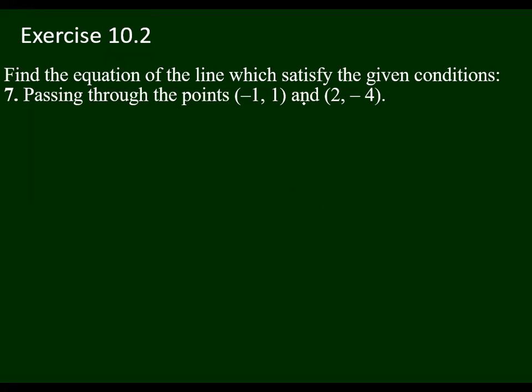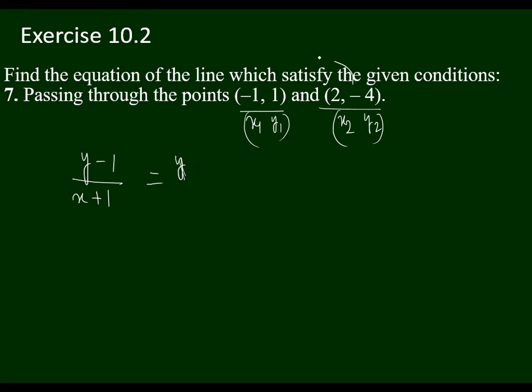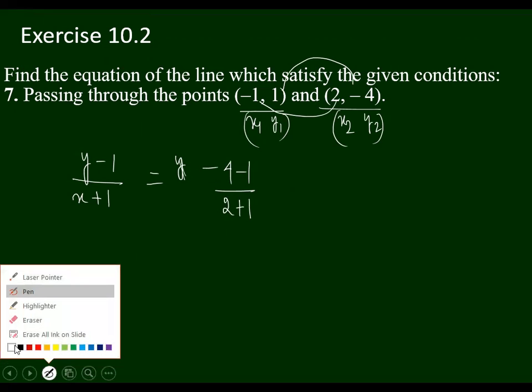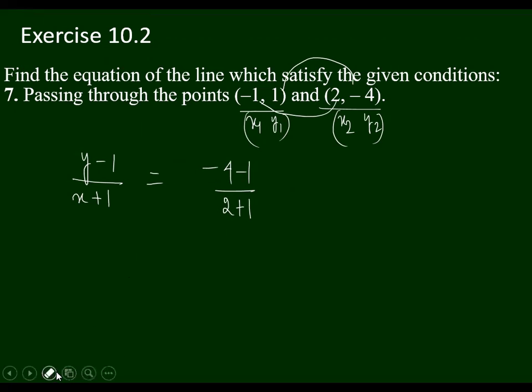Find the equation of the line which satisfies the given condition, passing through 2 points. So this is x1, y1. This is your x2, y2. So (y minus 1) upon (x plus 1) is equal to (-4 minus 1) upon (2 plus 1). So y minus 1 by x plus 1 is equal to -5 by 3.